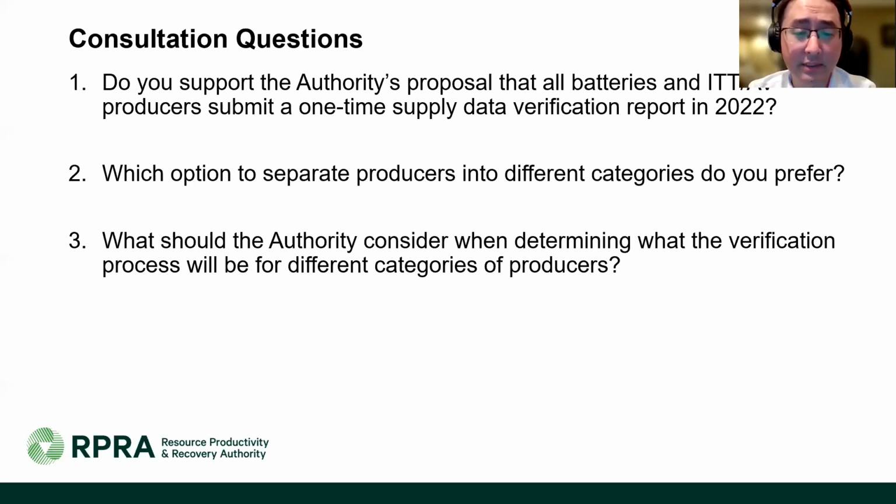That may not be a good idea. And another reason, as I mentioned before, PROs are not in the business of supplying new product, obligated product, into Ontario, and they don't have that information, and they shouldn't be the ones who submit or audit that information.